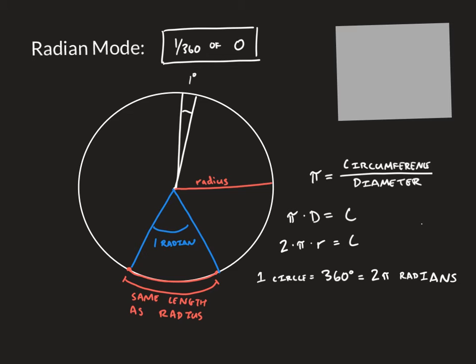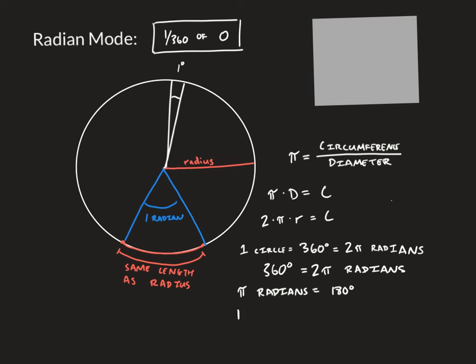Those would all be equivalent methods of talking about turning all the way around. Well, now that we know that 360 degrees equals 2 pi radians, we can say, if we divide by 2, that pi radians equals 180 degrees.